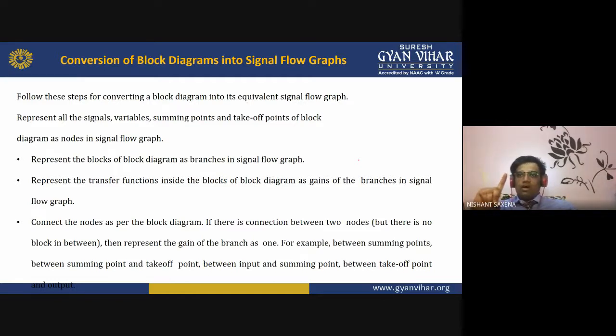For example, between the summing points and takeoff points, usually we do not have blocks. So those are considered nodes, and between the two nodes the gain of the branch would be 1, or unity. I hope this is clear to you. Now let's move further.